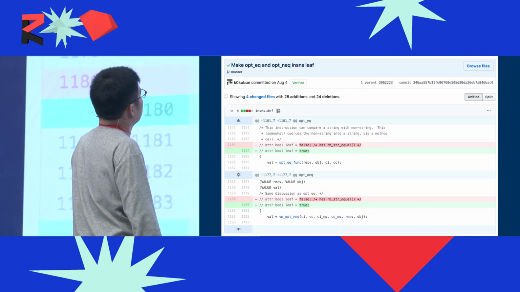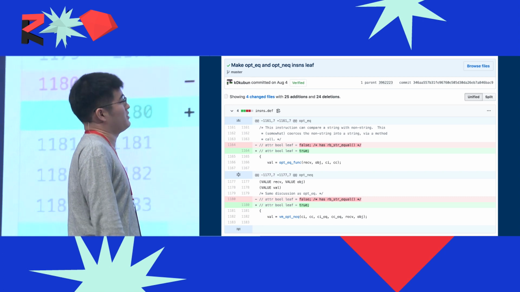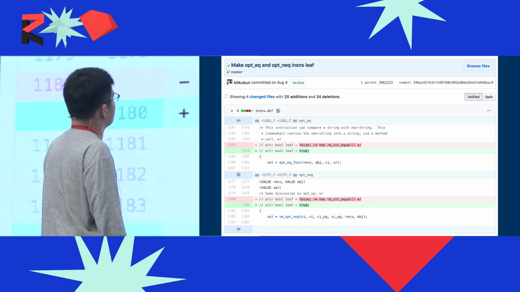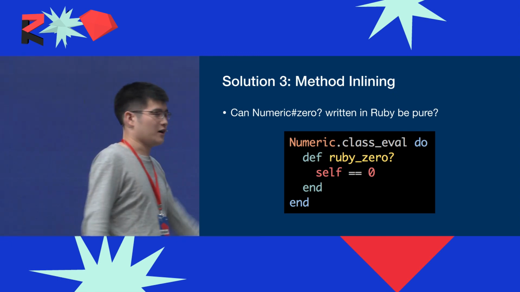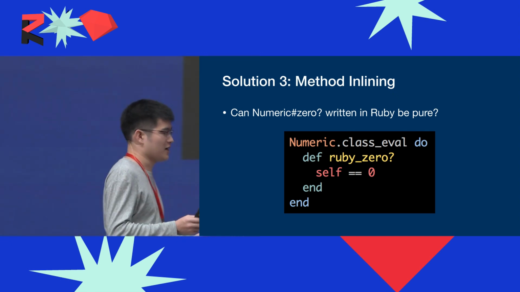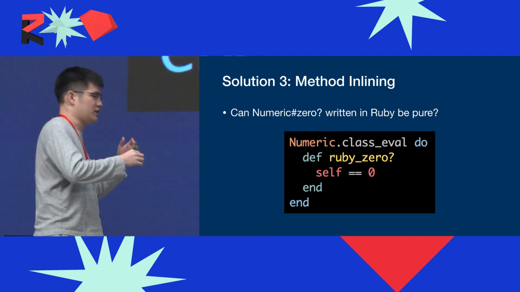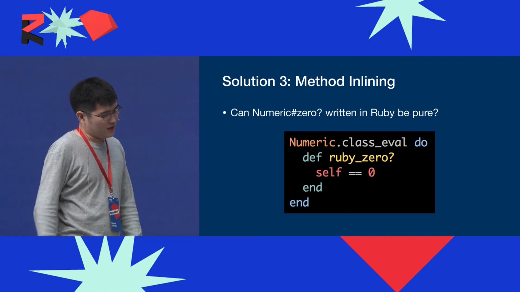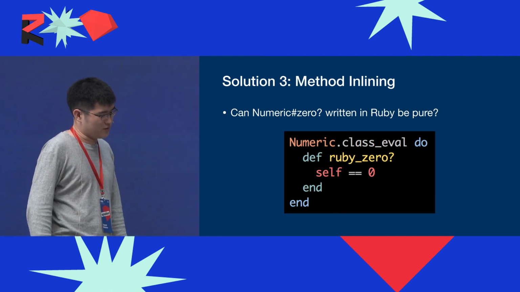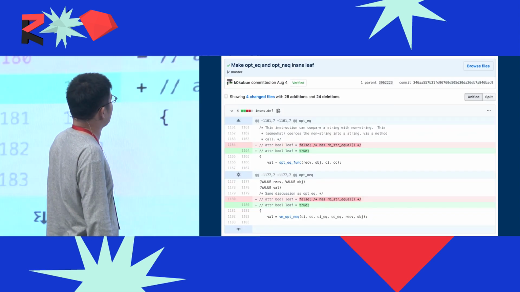Anyway, this requires some effort to improve the Ruby virtual machine implementation. This equals is executed as a virtual machine instruction called opt_eq, which is supposed to cause a side effect.